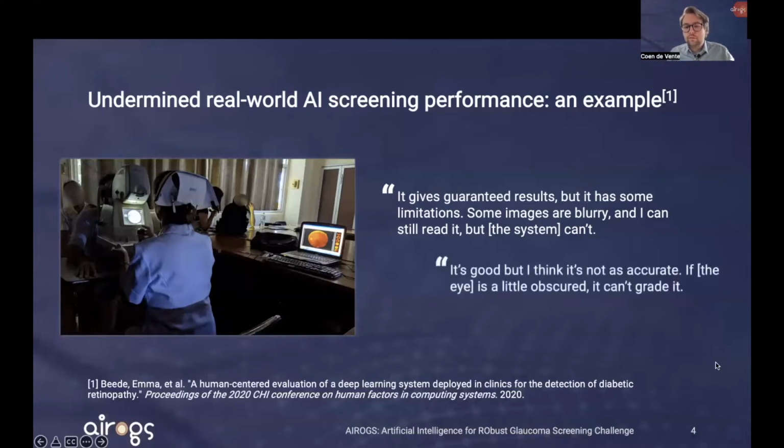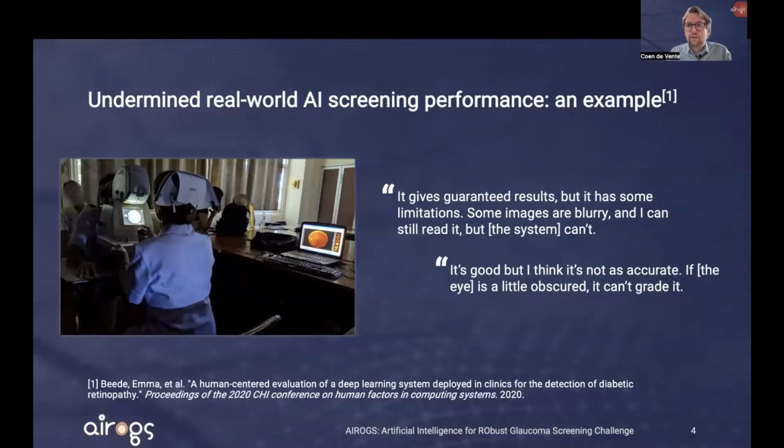Someone also said it's not as accurate, and even if the image is a little bit obscured, the system couldn't read it. So apparently the quality check was too strict in the opinion of nurses, and that caused quite some frustration.